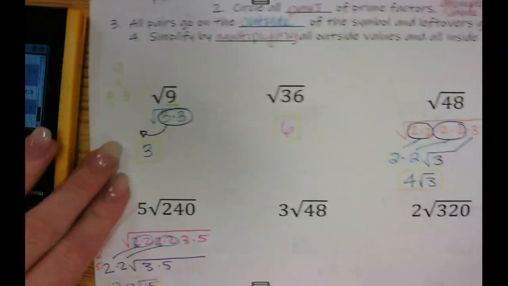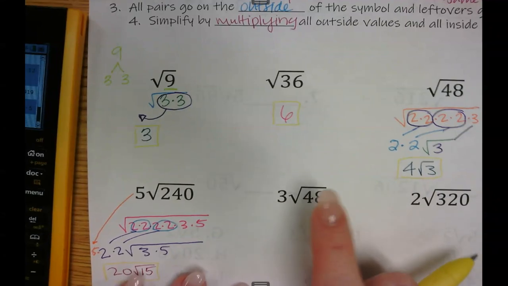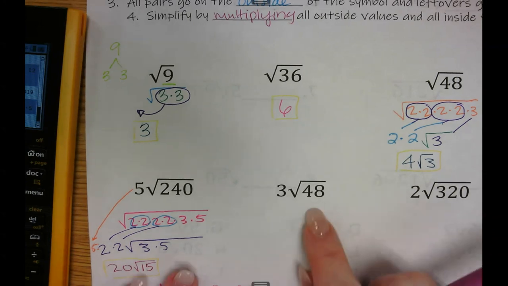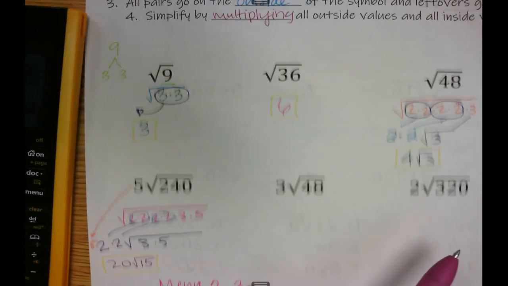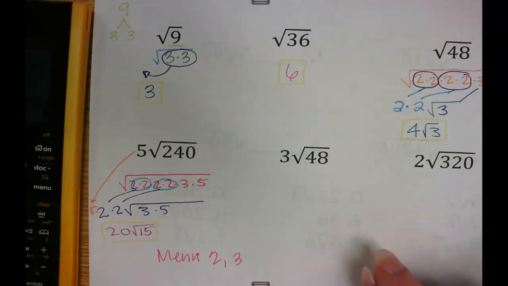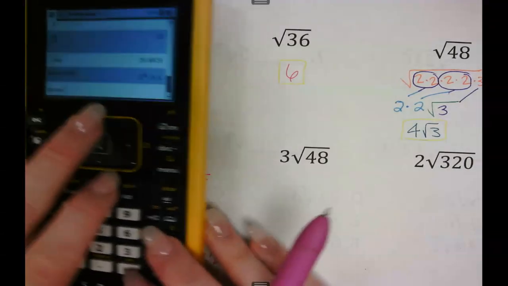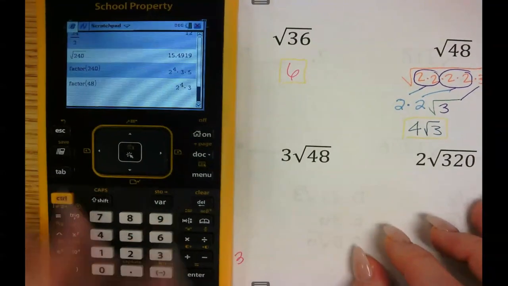All right. 3 square root of 48. We have already found the square root of 48, but let's go ahead and do it again. Let's use our little calculator cheat code to find the factors of 48. Menu 2, 3.